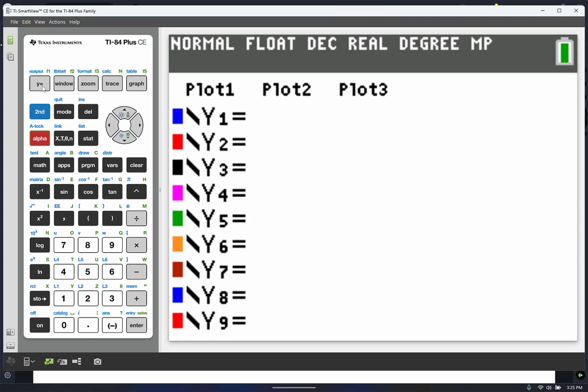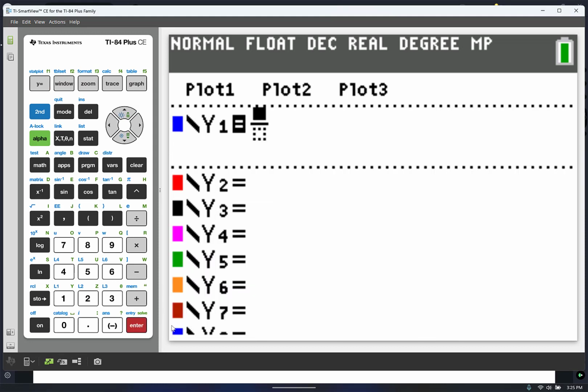I'm going to put a fraction feature first. So does everyone know how to get that fraction feature in? Make sure you try, guys. All right. Okay. I haven't done anything yet. On Y1, I just put the fraction feature. All right, I'm going to put 3 to the power 2 plus H?